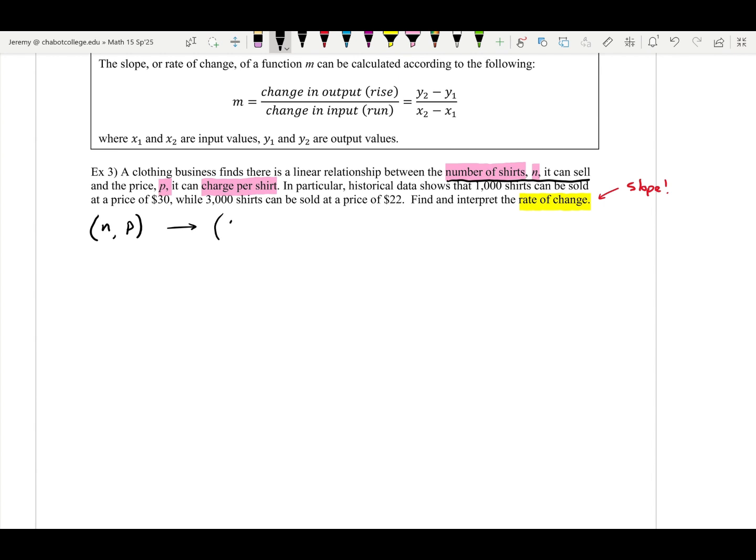Well, 1,000 is the N value, and the associated P value is 30. And then we have one more ordered pair, 3,000 and 22. Right? Producing a higher number of shirts yields a lower price.